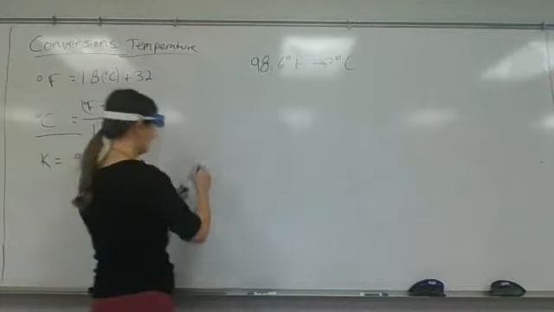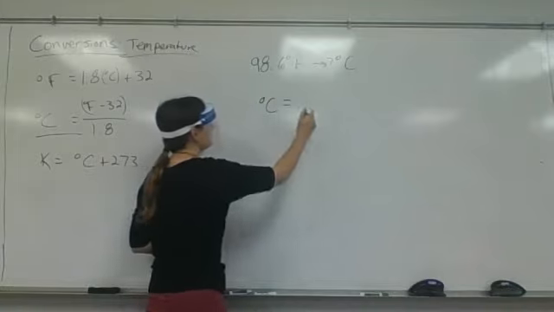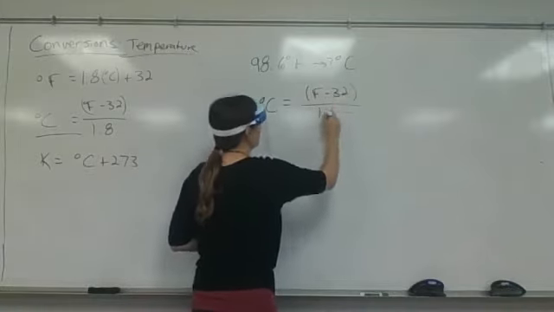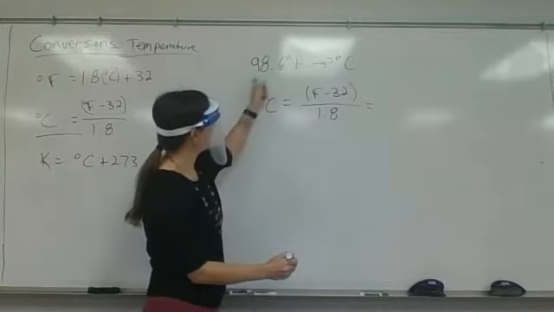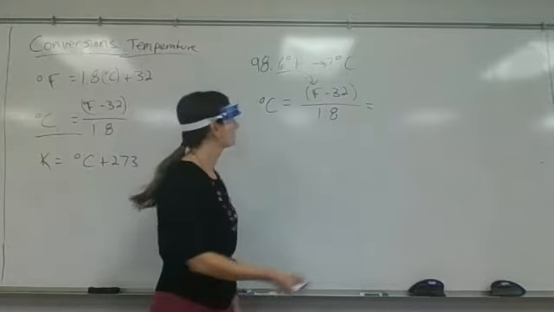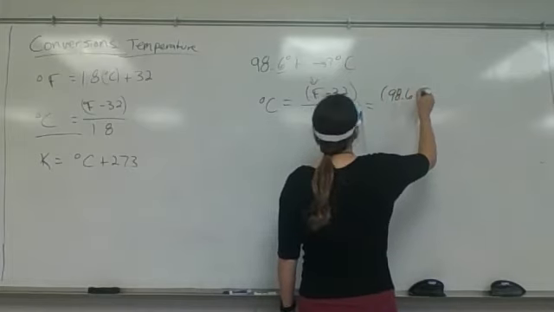So let's look at this. We have degrees Celsius is equal to Fahrenheit minus 32 over 1.8. So we're going to simply take that Fahrenheit and put it in where F is. These are kind of nice.